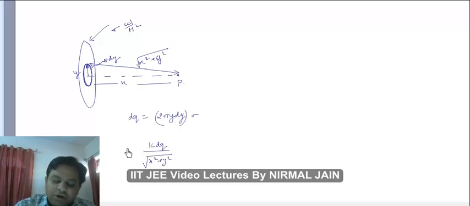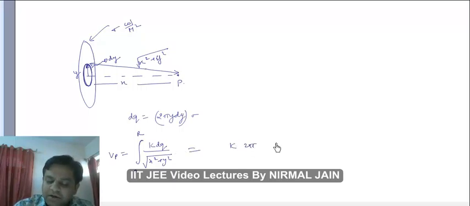Now this is the small potential due to this small ring. If I integrate this from 0 to r, then I'll get the total potential at this point P. So k 2 pi y dy sigma, these are constants, upon root of x square plus y square, integration 0 to r.